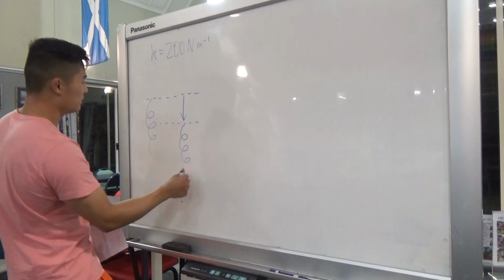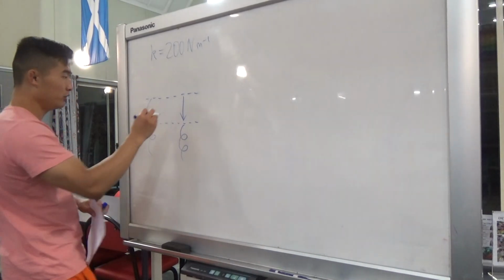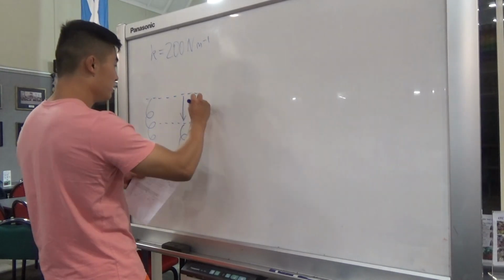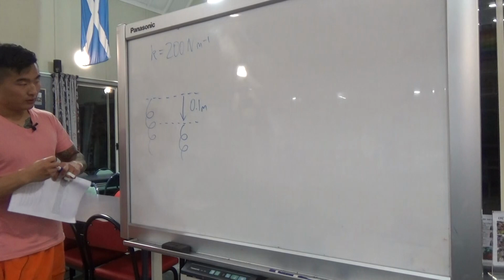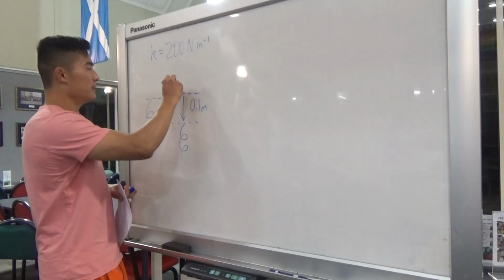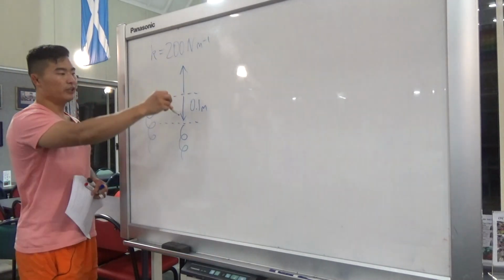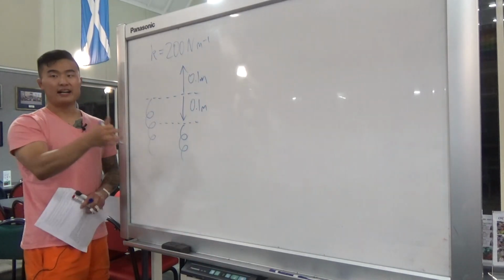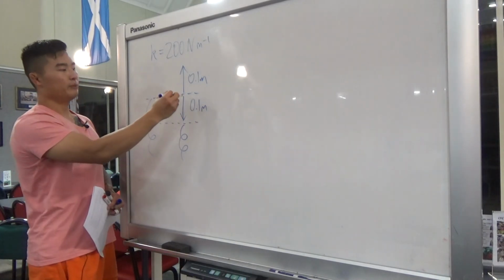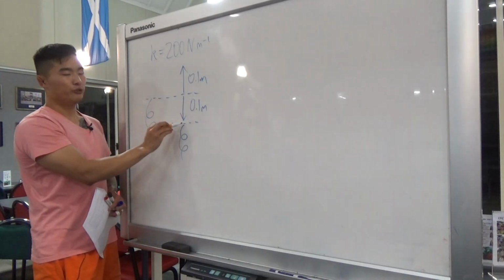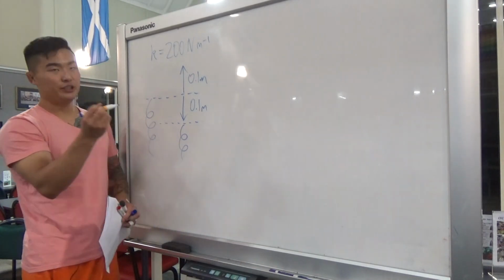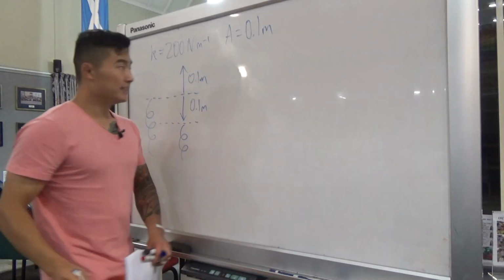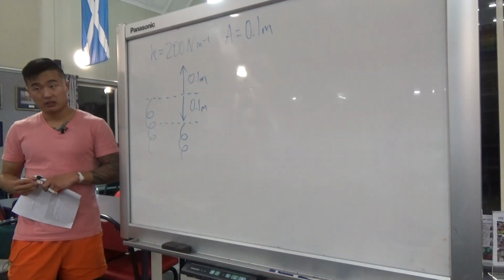So it has been compressed by 0.1 meters. Then when it oscillates back and forth, it's going to oscillate 0.1 meters up and 0.1 meters down. Remember, our amplitude is just the distance from the equilibrium point to our maximum displacement. So our amplitude is equal to 0.1 meters. Okay?